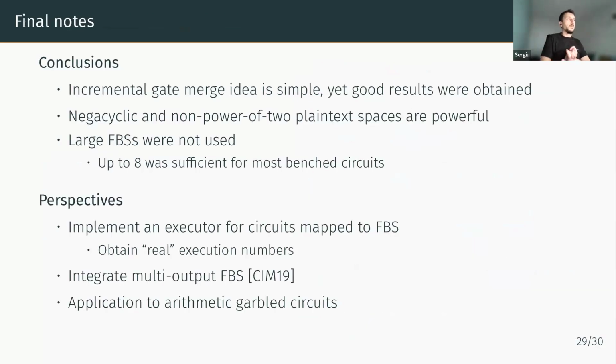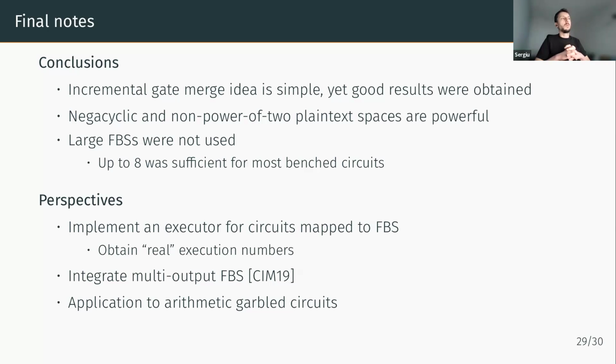So, final notes. The conclusion: the incremental greedy merge idea is simple, but it yields good results. The negacyclic and non-power-of-two plaintext spaces are powerful in order to obtain fewer bootstrappings, faster circuits, faster executions.